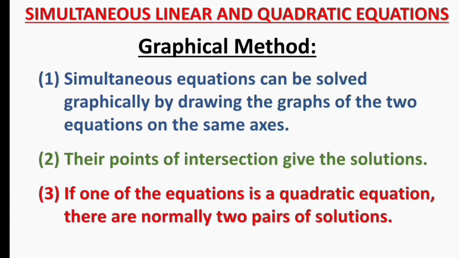Their points of intersection give the solutions. Number 3. If one of the equations is a quadratic equation, there are normally two pairs of solutions. Please take note of these 3 points involving the graphical method of solving simultaneous linear and quadratic equations.